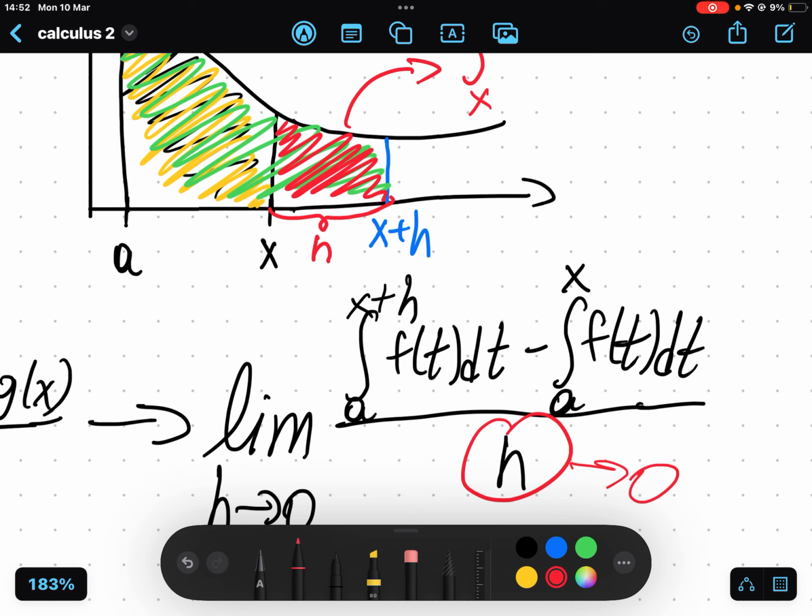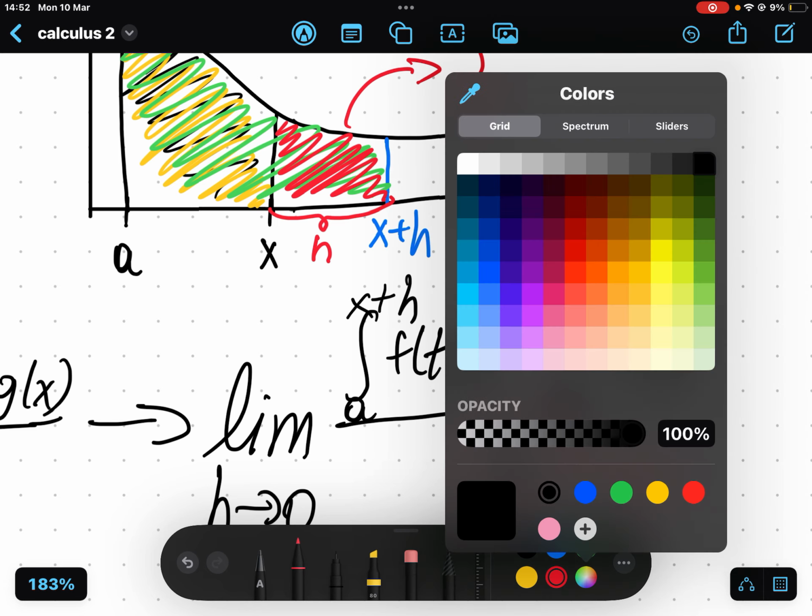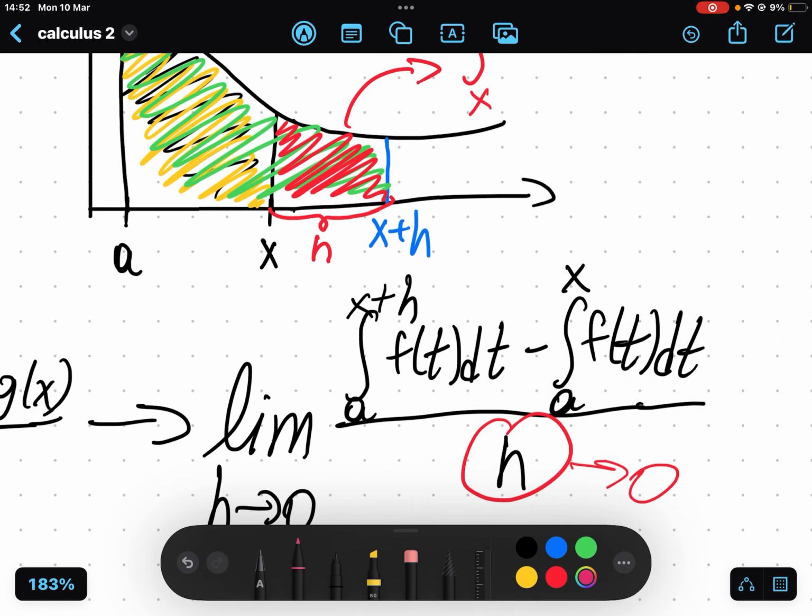We know that h goes to 0, like the limit of it. So this part, even though it doesn't really look like an actual rectangle, when h goes to 0, it is actually a rectangle.